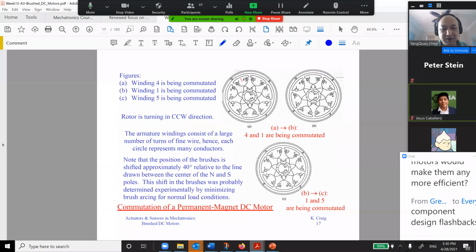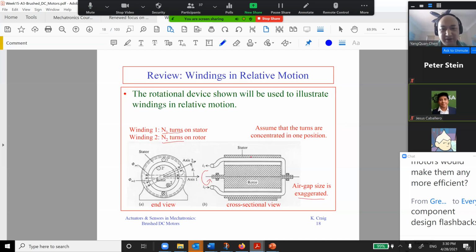I don't think you need to know all this complicated winding and commutation configuration. It's very tough. We have seen this end view, but we can also have a cross-sectional view, so you can roughly know what's going on here. You have the stator winding, a rotor and a rotor winding.